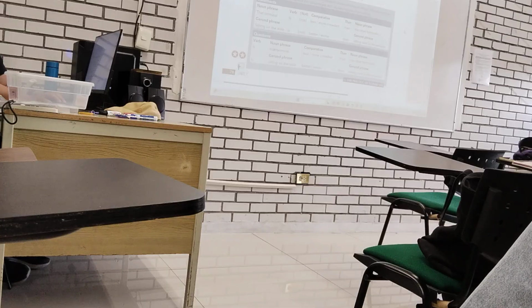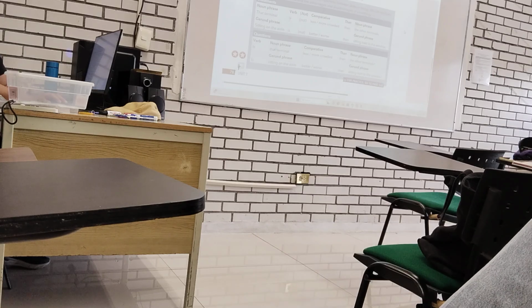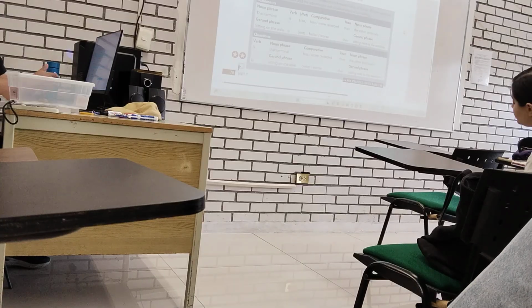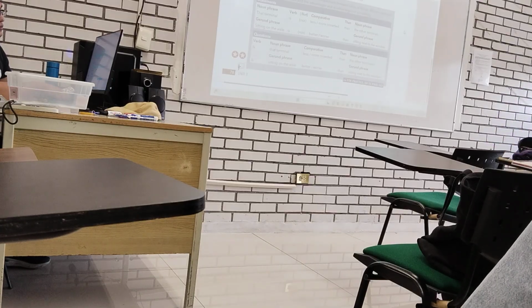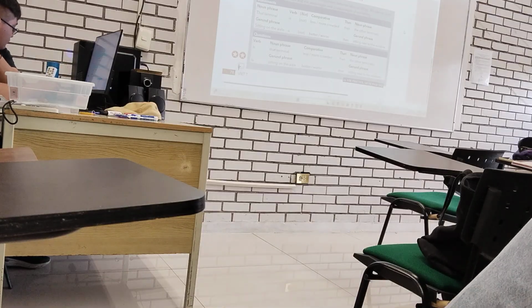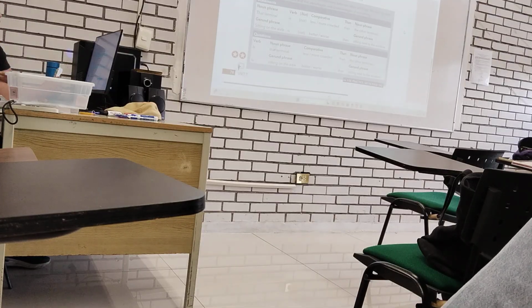We also have a little thing about the comparatives. You have to take into account that there are three types of comparatives. We have some comparatives where we use the word less or more before the adjective you're going to use to compare. We have words with irregular forms that can be used to compare.